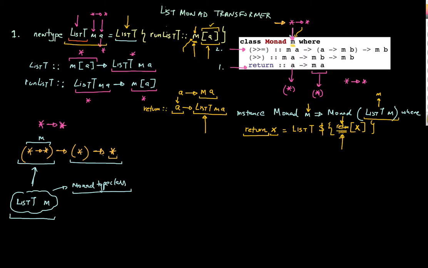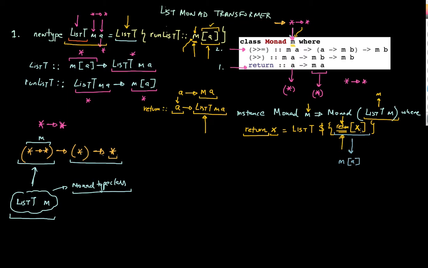When I invoke that implementation, this entire piece is going to be of type m of a, where the type of x is a, wrapped around the list.